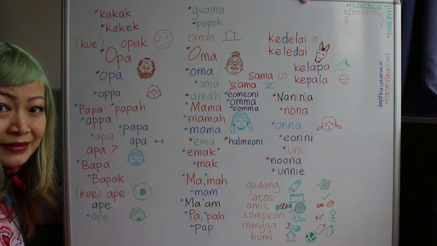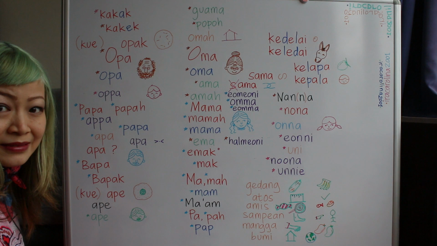This sama is the formal one, it means same, but we use this sama in daily conversation, slang or informal, to say with. I go somewhere with my brother. I will say it with sama instead of dengan.